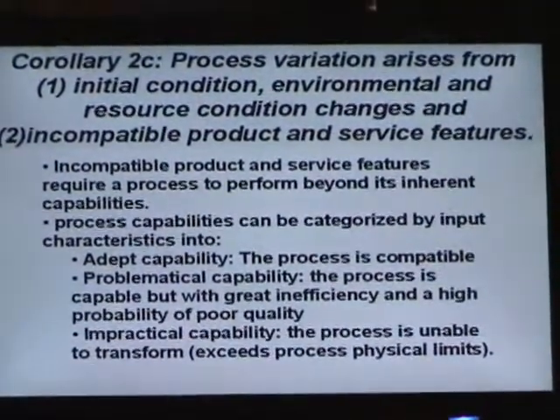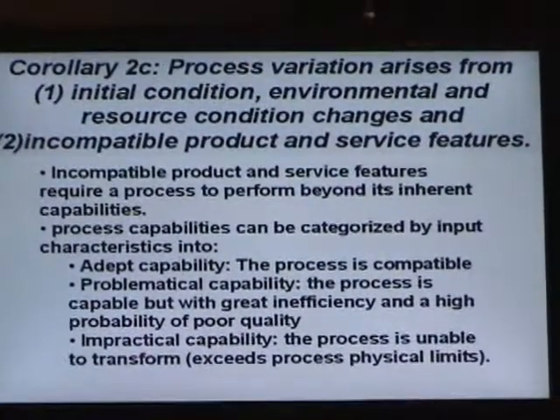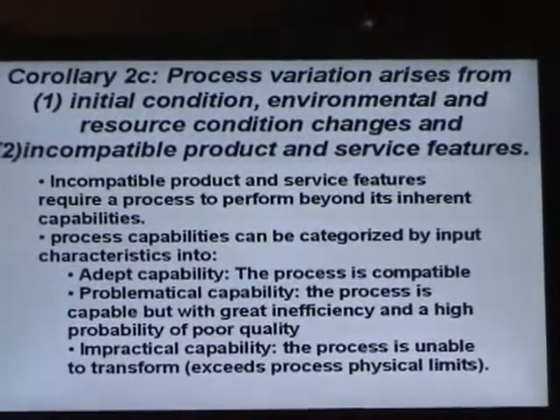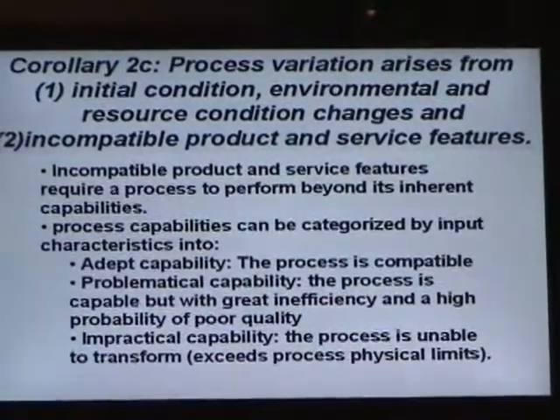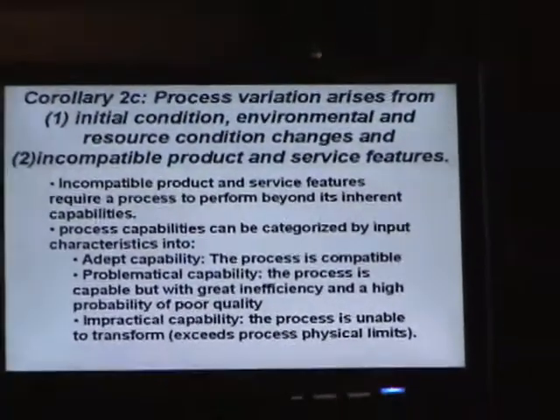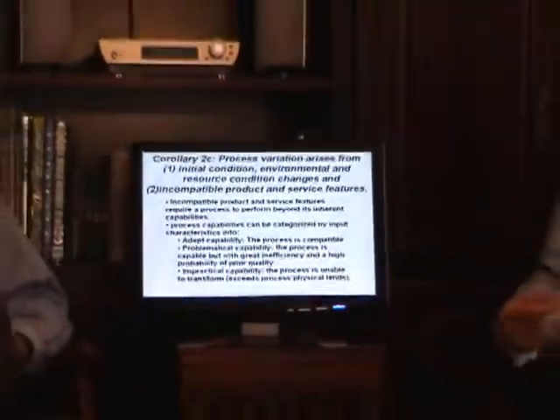Back to my sewing example, if I have very thick material, I'm going to have many more quality problems and lower productivity because the machine was not set up to do that. And finally, there are impractical capabilities. Above a certain thickness, I could not even put my cloth into a machine. So there are physical limits too.